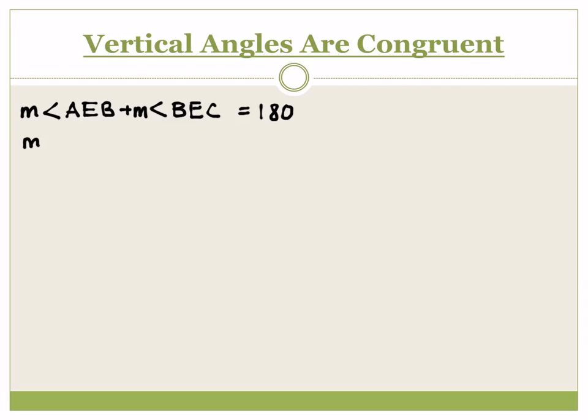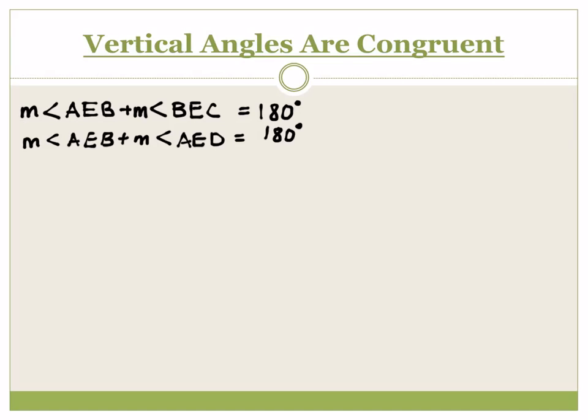Still AEB, and I'm going to add to it the measure of angle AED. And what do those equal? Those also equal 180. And I should have put my degrees on there, so make sure that you go back and grab that degree measure. I didn't do that. 180 degrees. So far, so good?